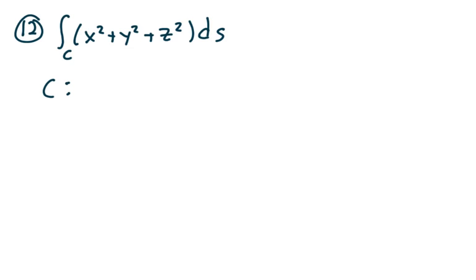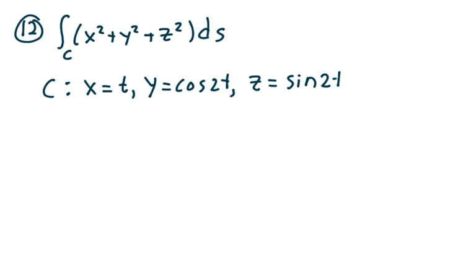And c is the curve described by the parametric equations x equal t, y equal cosine 2t, and z equals sine 2t. And t is between 0 and 2 pi, like so.